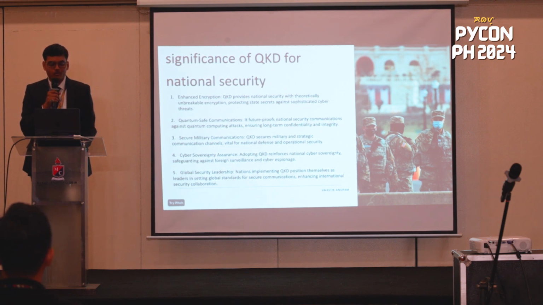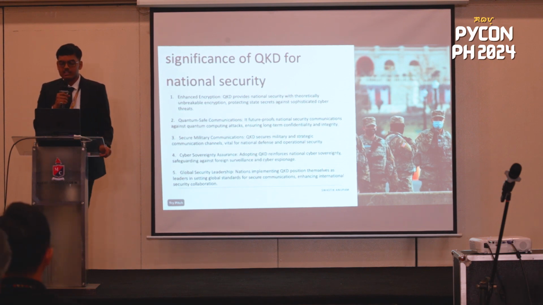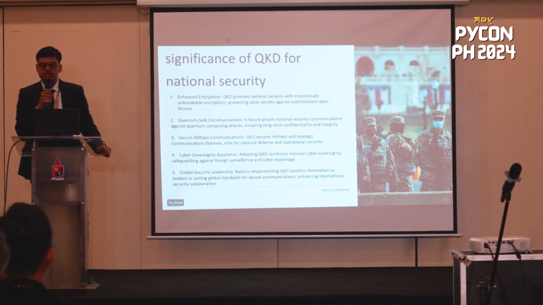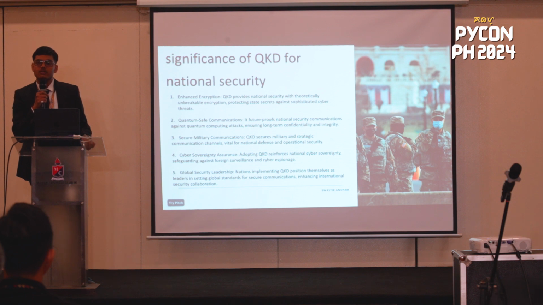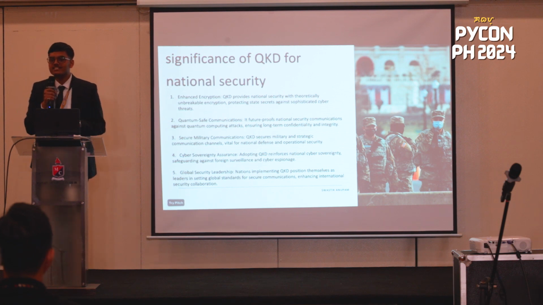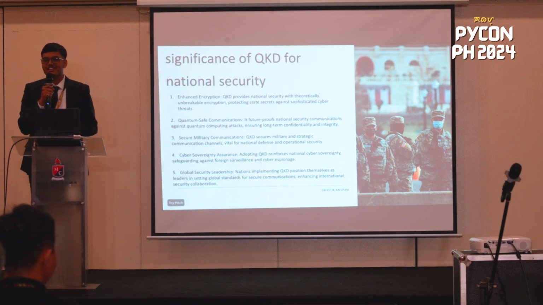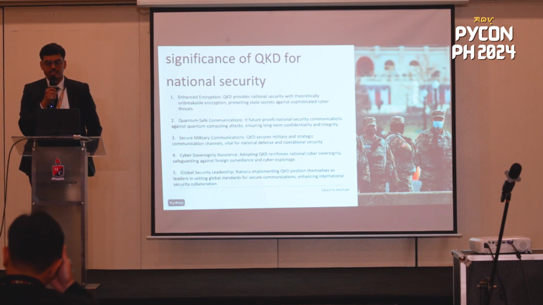So second, we have quantum safe communication. Because of its nature, it's derived from the principles of quantum mechanics. The thing is, it is post-quantum cryptography. Because quantum algorithms can break RSA, AES, those types of encryption, but as it is derived from the same mechanism, it's difficult to access the data from a quantum system.